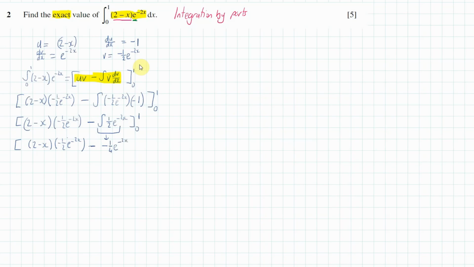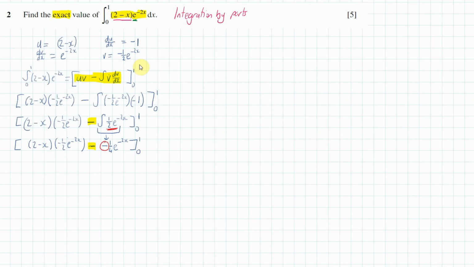Right, and I think this is where some of you went wrong. You got a little bit confused over your signage. Okay, so we've got this minus here, which I've got there. Then we've also got this minus here, which is a result of integrating this function here. Okay, that gives us this.